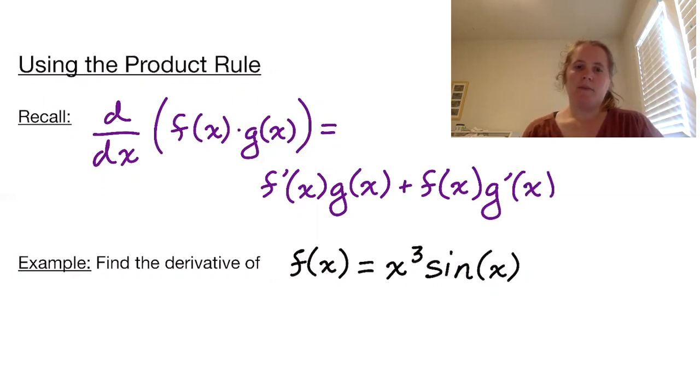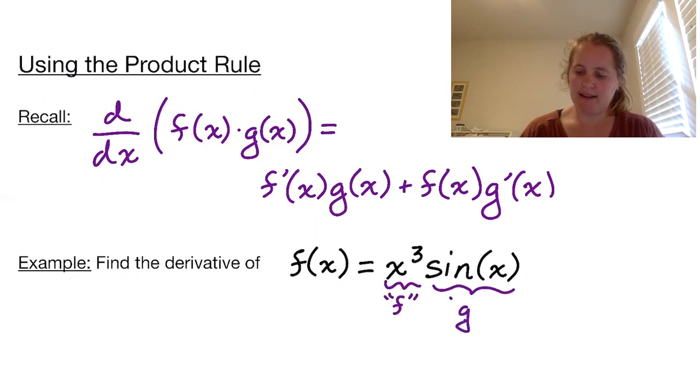So in this first example, we have find the derivative of f of x equals x cubed times sine of x. This essentially is acting as my f, and sine of x is essentially acting as my g in our product.